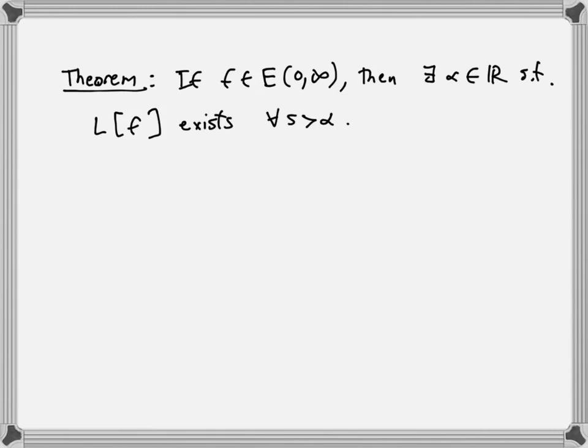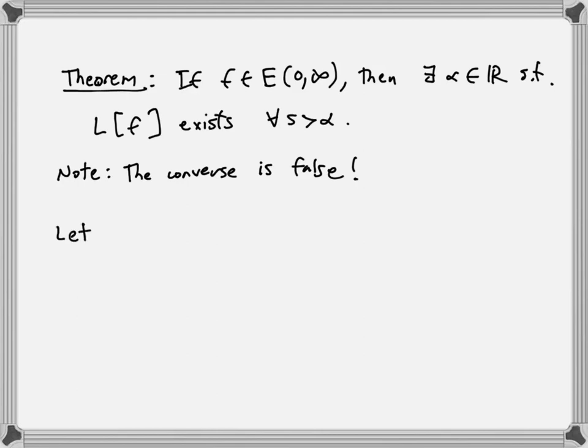Okay? So this is an important theorem. This is saying that the Laplace always exists for all functions that are of exponential order. Note, the converse is false. In other words, just because the Laplace transform exists, it doesn't mean that a function is of exponential order, okay? So you got to be careful. It only goes one way.